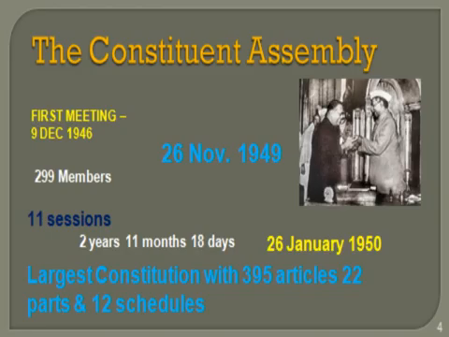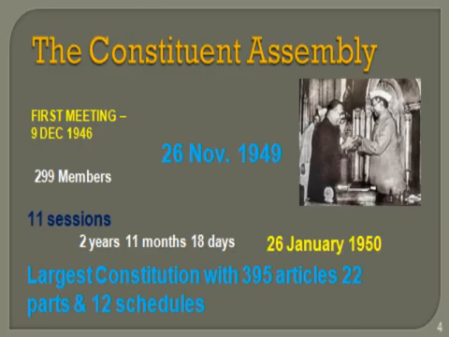Keeping in mind the diversity and the dreams of the freedom fighters, they framed the Constitution, and this whole process took around 2 years, 11 months and 18 days. After that, the process of framing the Constitution was over on 26 November 1946.